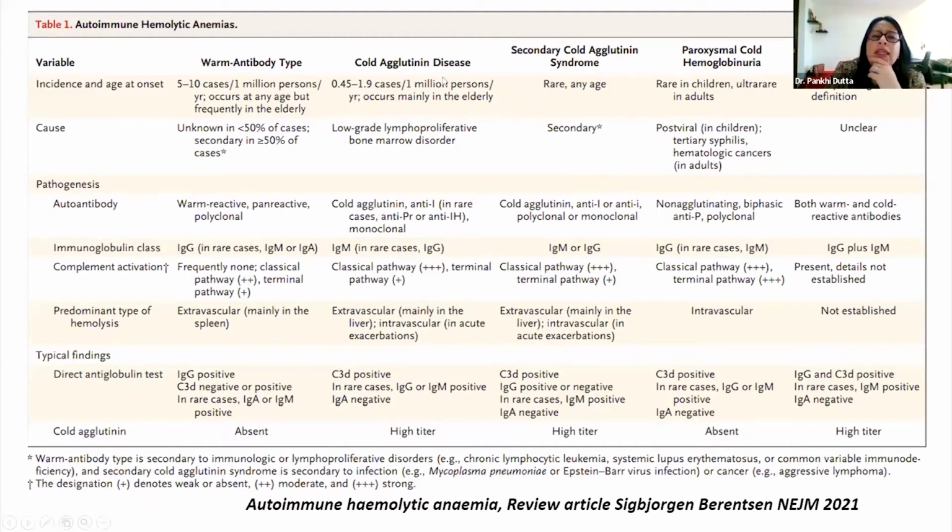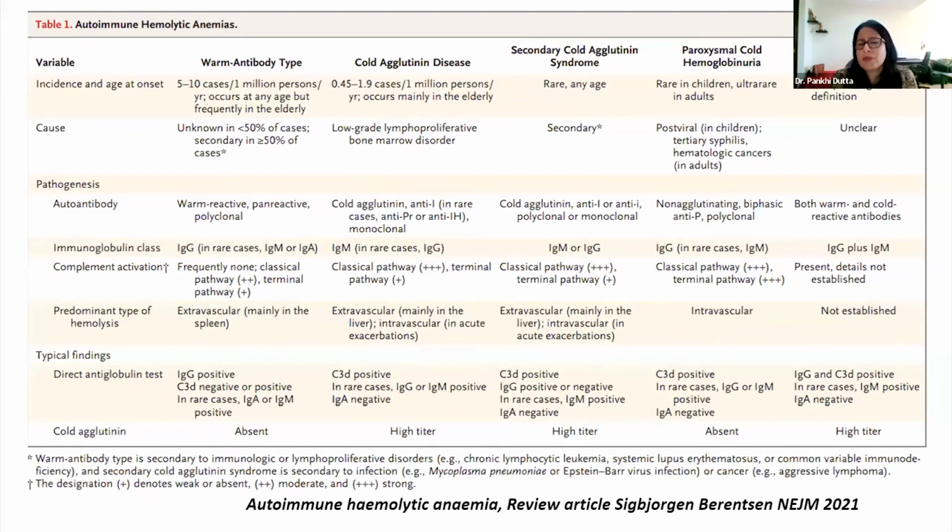While a primary cold agglutinin disease is usually caused by cold antibodies, which can cause agglutination, and the antibodies are clonal. And usually this is associated with a low-grade lymphoproliferative bone marrow disorder. Often, it's now also understood that this low-grade lymphoproliferative disorder may not really be classifiable as a marginal zone lymphoma.